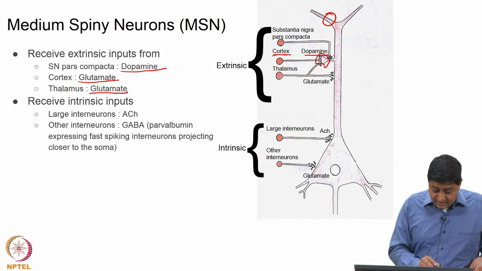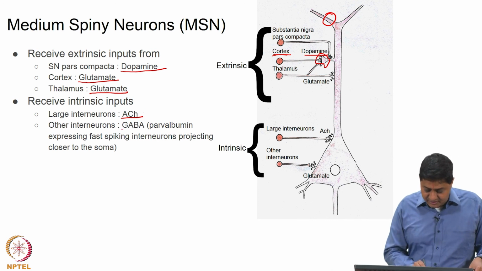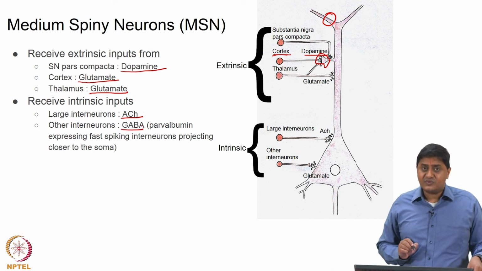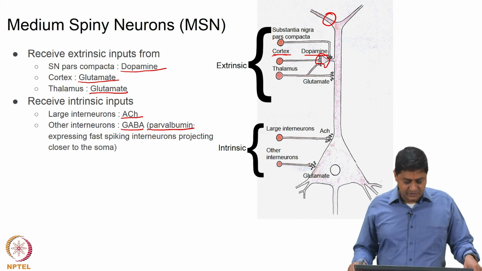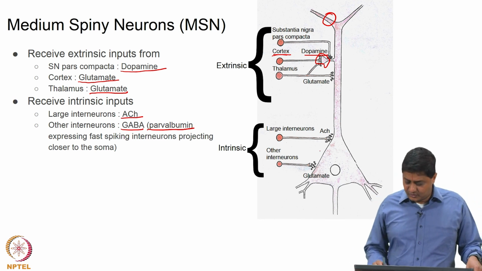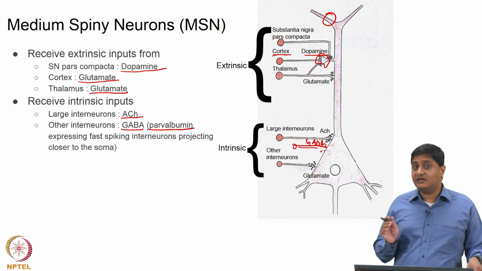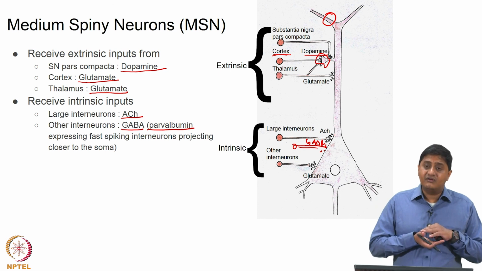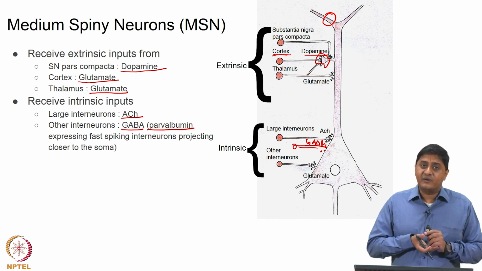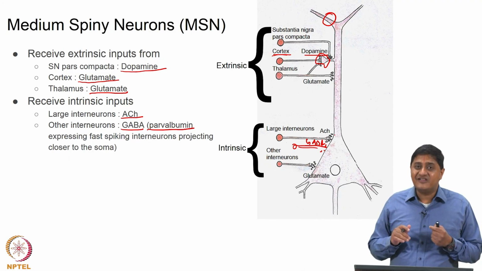So, intrinsically the medium spiny neuron also receives inputs from the large cholinergic interneurons and other interneurons producing GABA. Importantly, the parvalbumin-expressing fast-spiking interneurons project closer to the soma, right, with a very powerful influence on the activity of the medium spiny neurons. So, depending on whether a medium spiny neuron forms part of the direct pathway or the indirect pathway, the output and the behavior will be different.